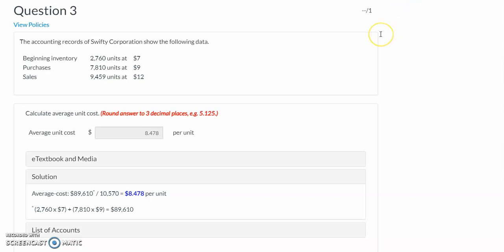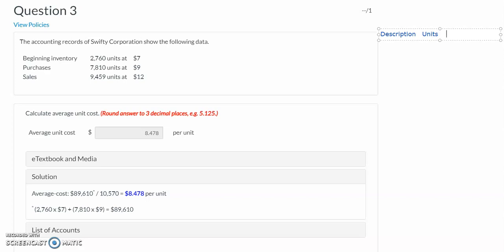All right, so the first thing I'm going to start off with is writing out the data in my problem. That helps me understand the transactions that I have during the period. So I know that I'm going to start off with my beginning inventory, and I will note the number of units.